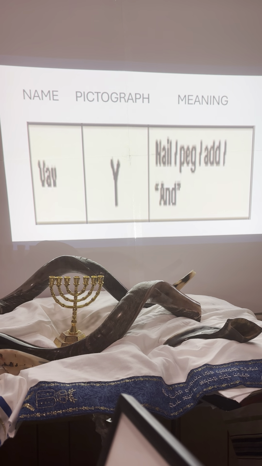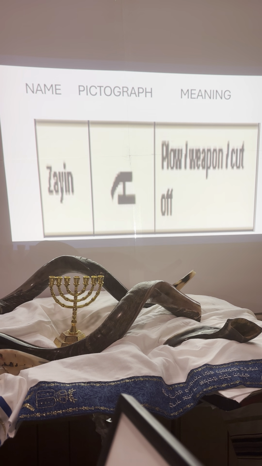And then the Vav, or the Wow. It's the nail. The meaning of it is nail, or the peg, add, end. And then Zayin. The meaning of Zayin is plow, weapon, to cut off.